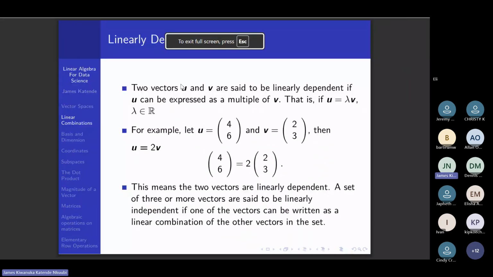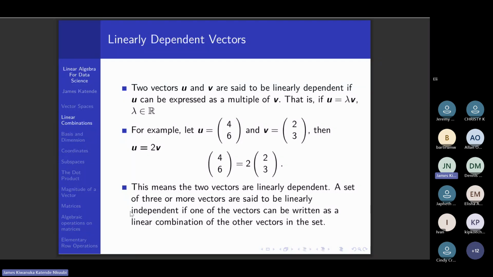So this describes linear dependence for two vectors only. If you have more than two vectors, you can define linear dependence as follows: if you have a set of 3 or more vectors, we say that that set is linearly dependent. On the slide it says independent, which is not right. It's linearly dependent. This is a typo, so make sure you note that down.